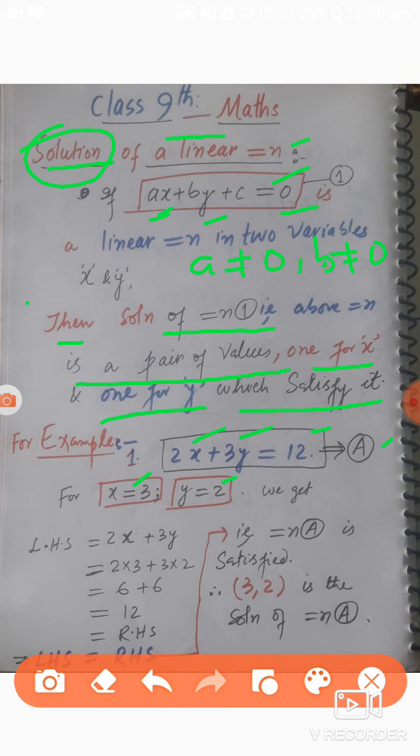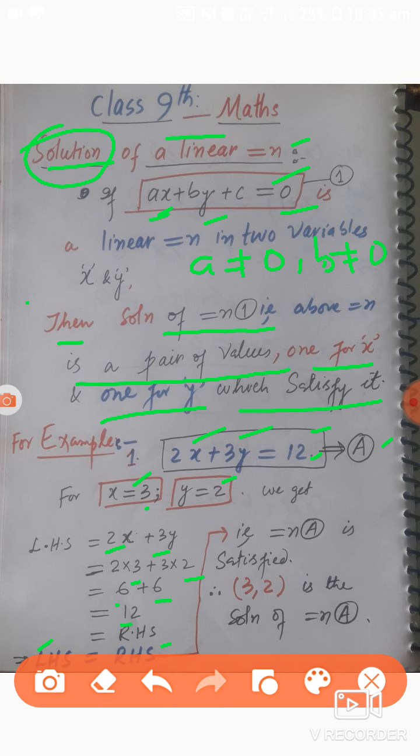The LHS of the equation is 2x plus 3y. Putting x equal to 3 and y equal to 2, we get 2 threes are 6 plus 6 equal to 12. But 12 is the RHS, that is, LHS becomes equal to the RHS.